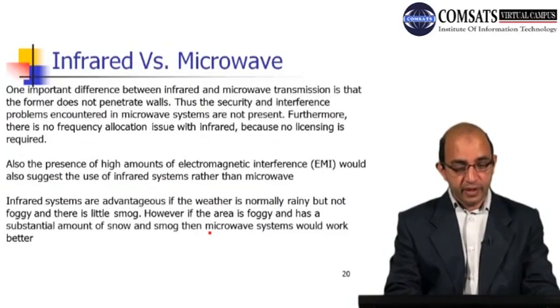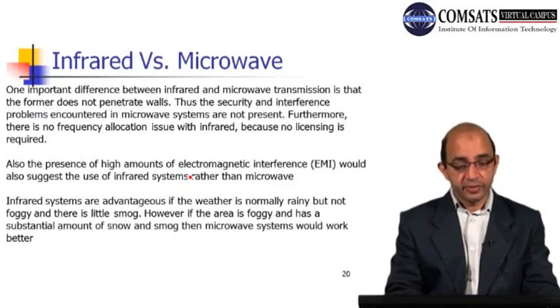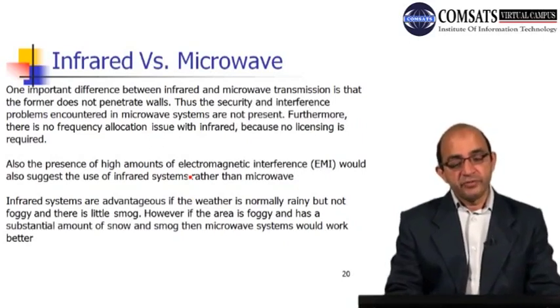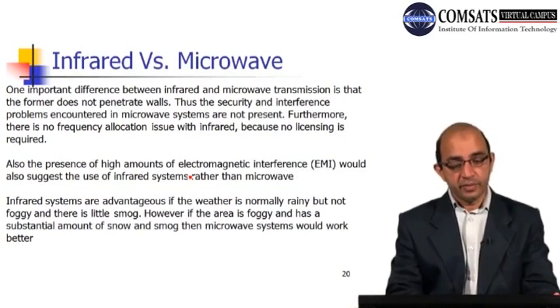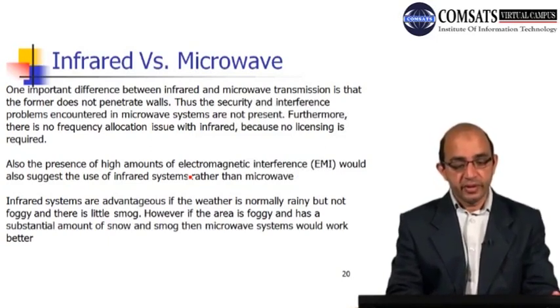Okay, so here we have infrared versus microwave. One of the key differences between infrared and microwave is that infrared cannot penetrate, but microwave can penetrate obstacles, right? The security and interference problems encountered in microwave systems are not there.